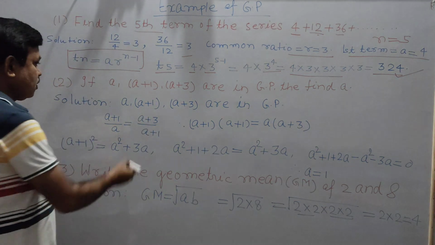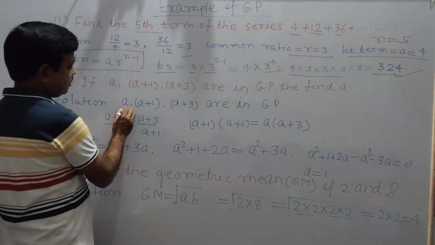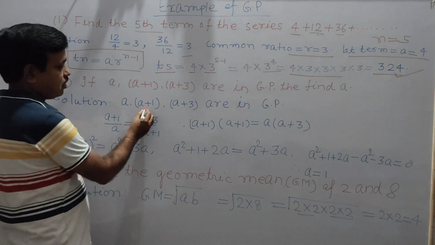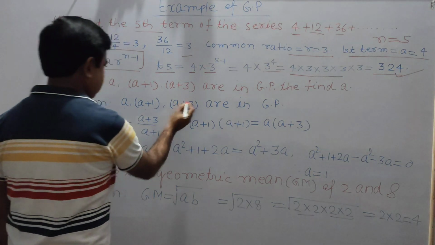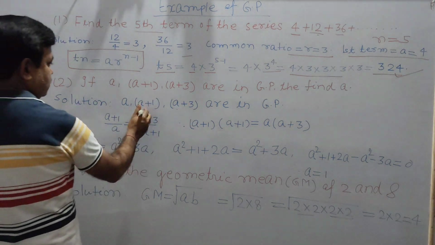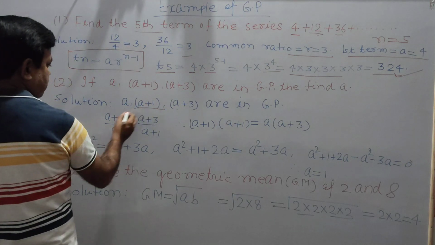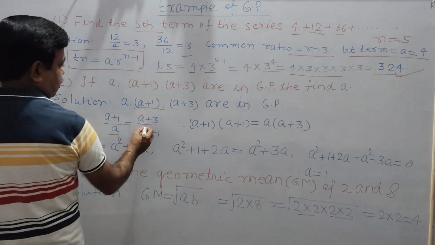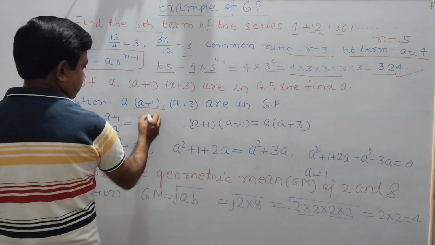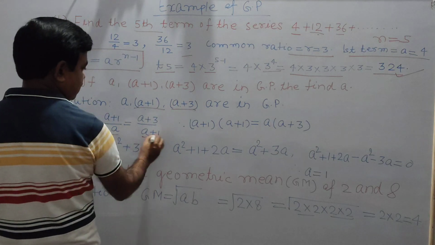Then put the value: your first term is a, second term is a plus 1 and third term is a plus 3. Then second term divided by first term, a plus 1 divided by 1, equals a plus 3 divided by 3. This is third term divided by second term.